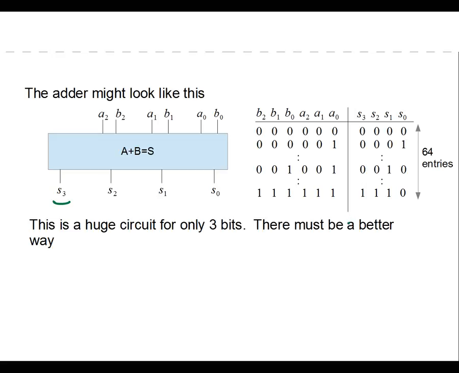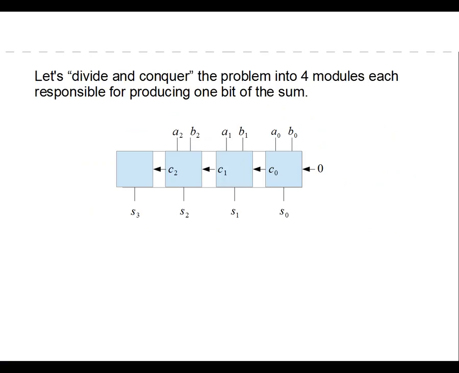But we can actually build it a little bit more cleverly if we're willing to do this. In this case, we're going to build a little adder, and this is called a full adder. The full adder has 3 little full adders. So this is full adder 0, this is full adder 1, and this is full adder 2.